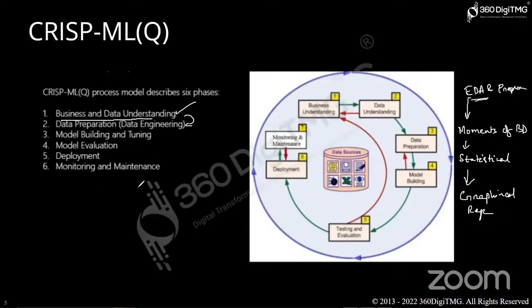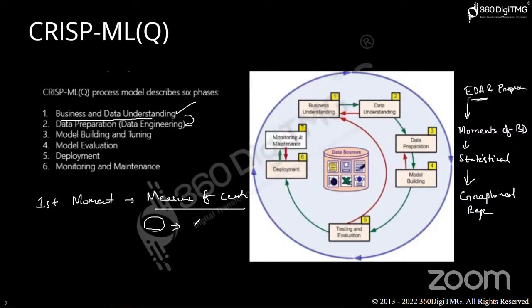Now, these moments of business decision we'll be discussing tomorrow in detail, but let me just give you a brief. We have the first moment. The first moment measures centrality. It is a measure of centrality, a value which represents the whole data.